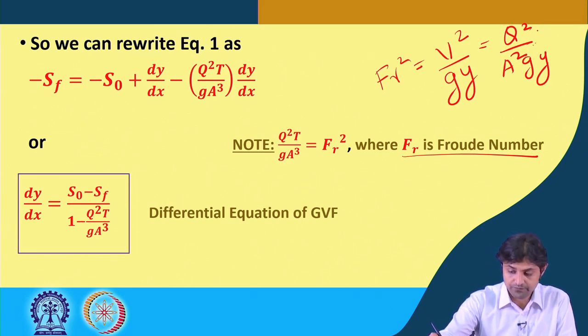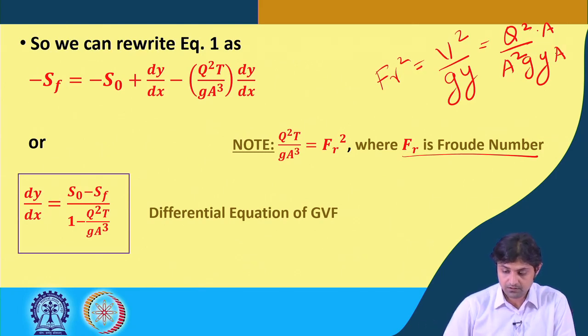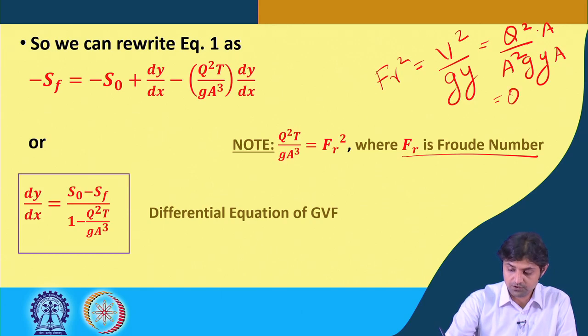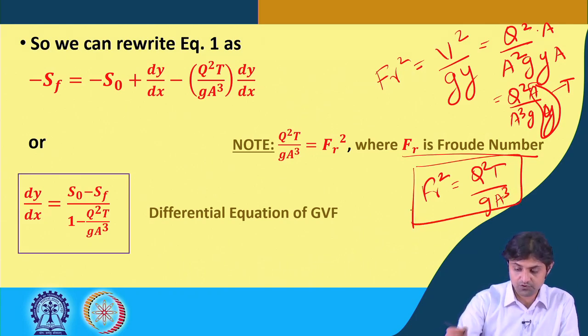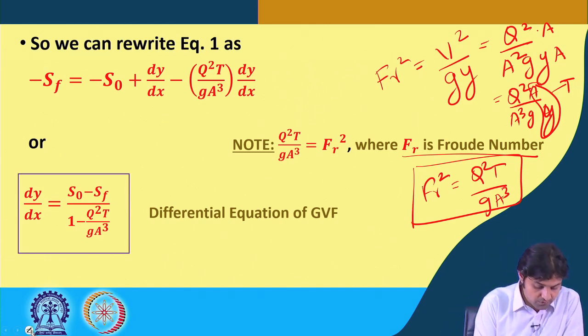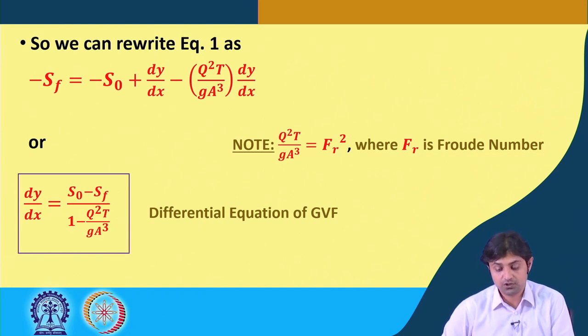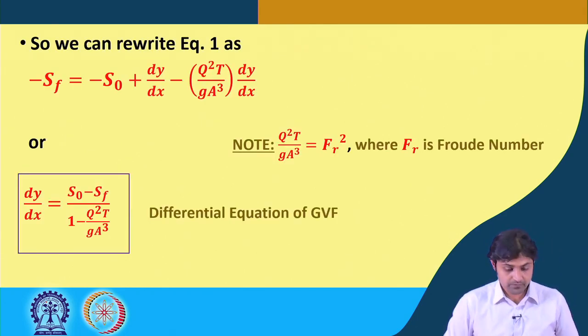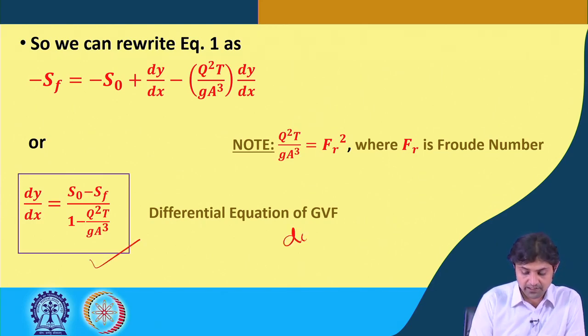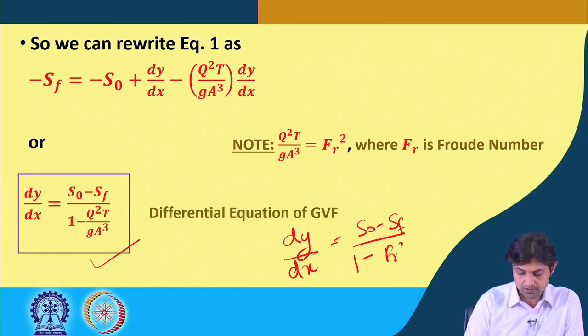If you multiply by A, it will be Q square A divided by A cube g into A into y. A by y can be written as T, the top width. So, Froude number whole square is Q square T by g A cube, because Froude number is V by root g y. So, you have also seen that Q square T by g A cube is Froude number whole square. So, this equation is the same as we obtained, which was S naught minus Sf over 1 minus the same.